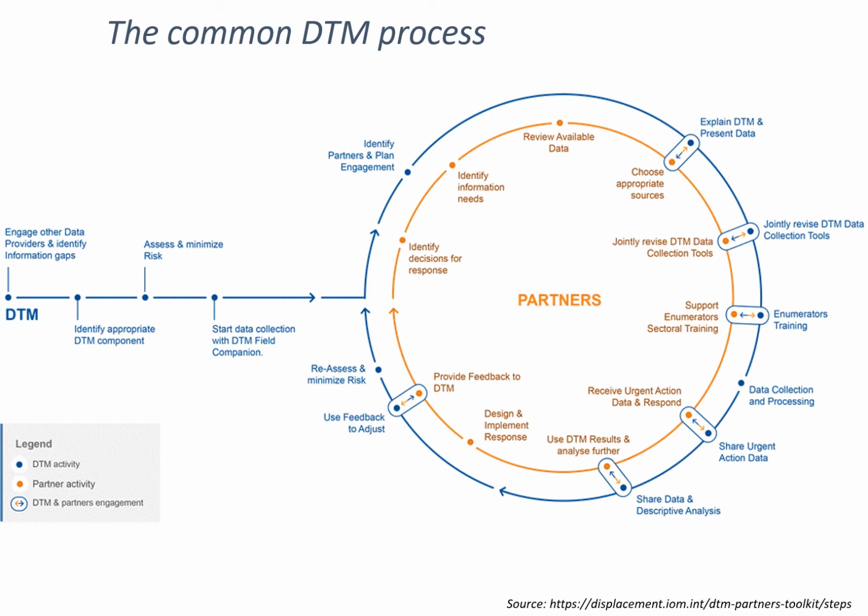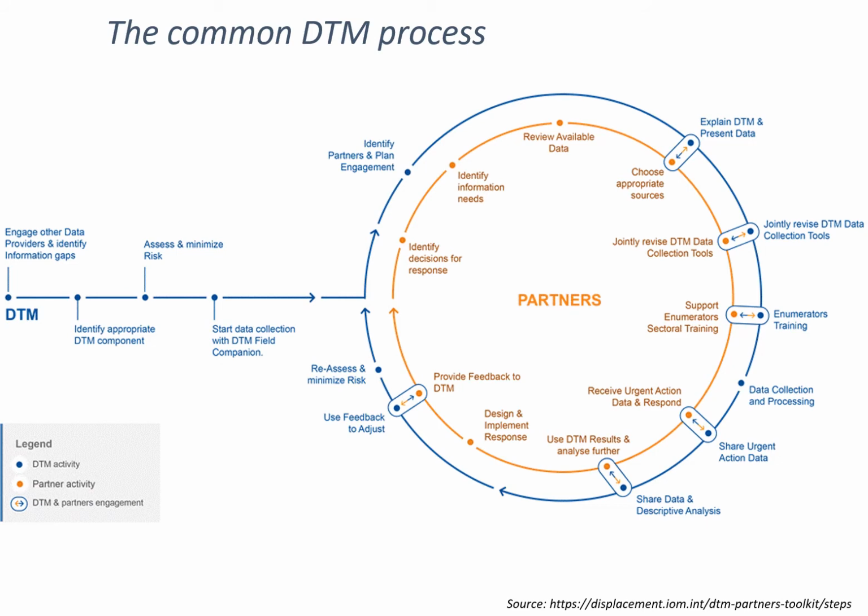It will identify the appropriate DTM component, one of the 4 components and many subcomponents, for that data collection. It will conduct a risk assessment and will develop data collection tools jointly with the partners. It will use the field companion to identify questions that respond to the information needs that the partner has identified previously.